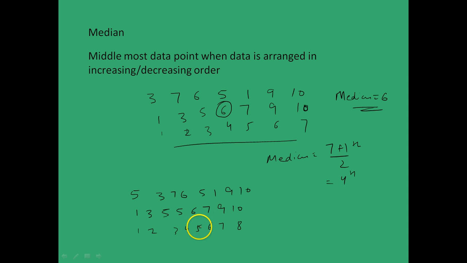So in that case, the median actually is the mean or the average of the two middle numbers. The two middle numbers being the 8 by 2th data point and the 8 by 2 plus 1th data point. And the median is actually the average of these two terms.